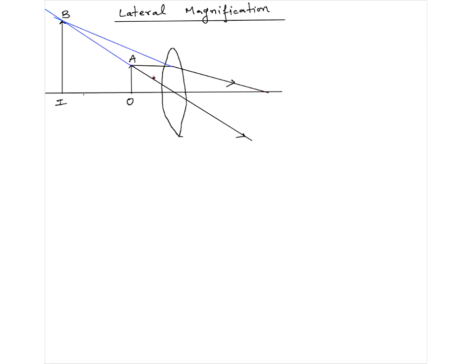The ray through the center goes straight. That's the property. Parallel ray goes through the focus. Ray going towards the center goes straight. Ray coming from the focus becomes parallel. All these are properties.